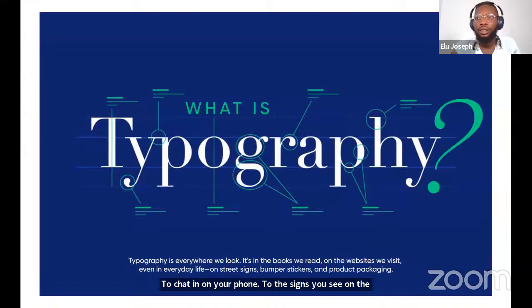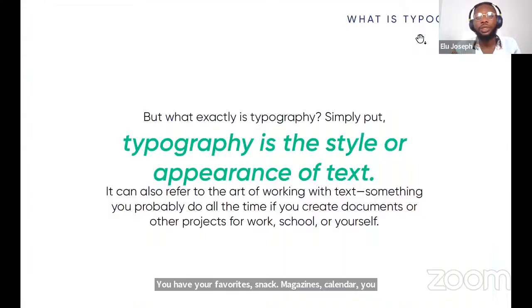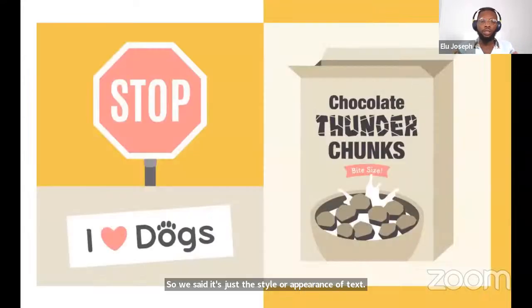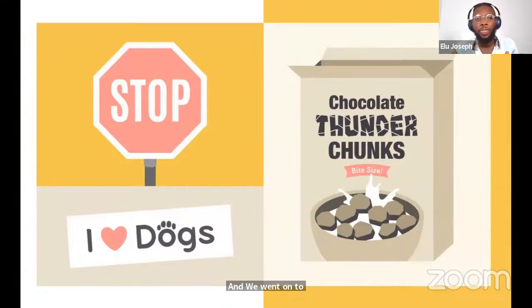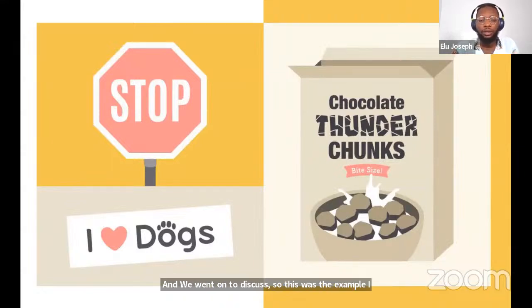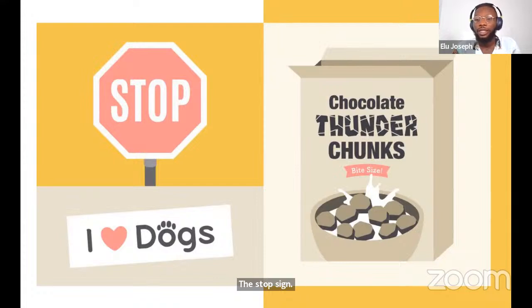Your favorite snack, magazines, calendar, typography is everywhere around us. So we said it's just the style or appearance of text. So these were the examples I was talking about: the stop sign, the bumper sticker, your favorite snack. Every one of them has typography.